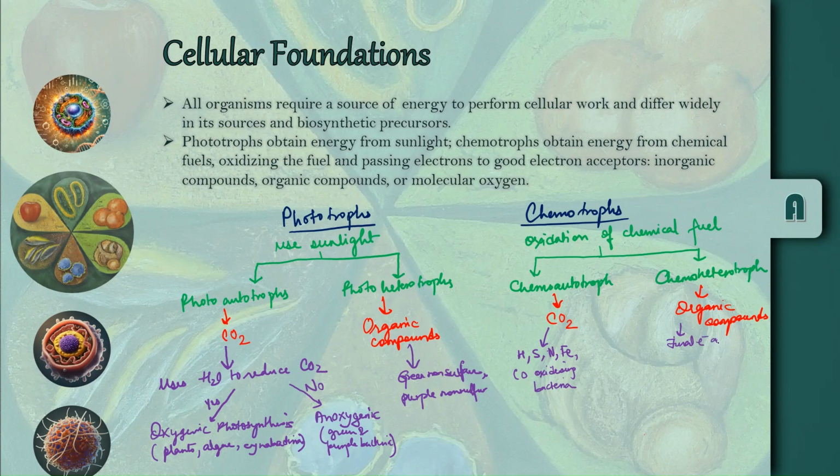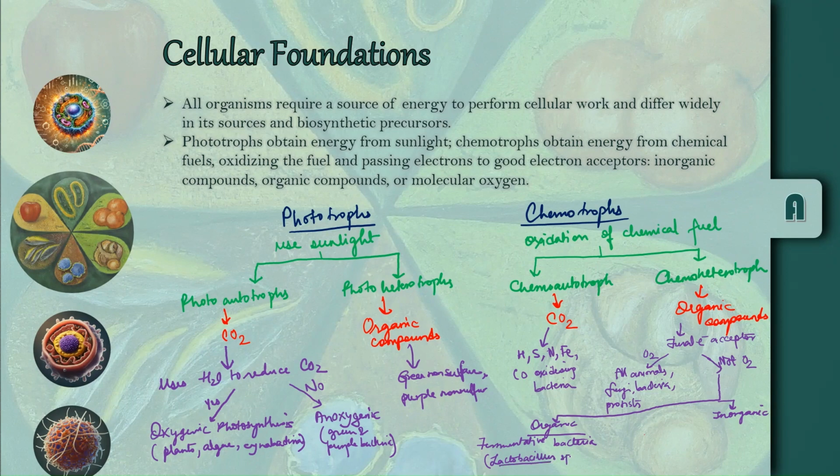If the final electron acceptor is oxygen, the examples are animals, fungi, protists, and bacteria. If oxygen is not the final electron acceptor, then for organic compounds, the examples are fermentative bacteria such as Lactobacillus. If inorganic compounds are used, then the example is Pseudomonas denitrificans.